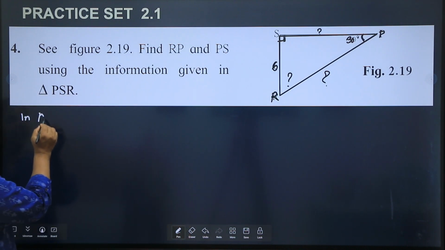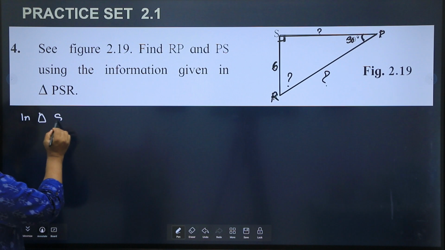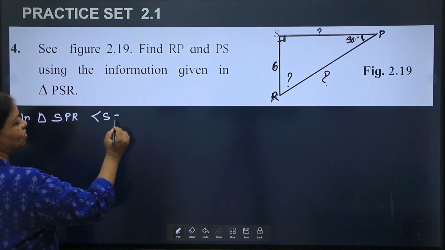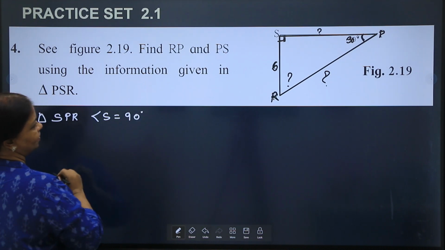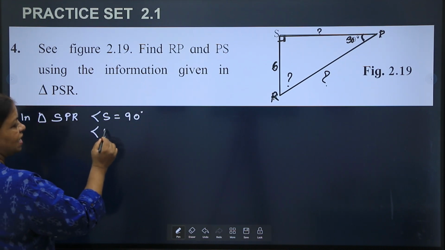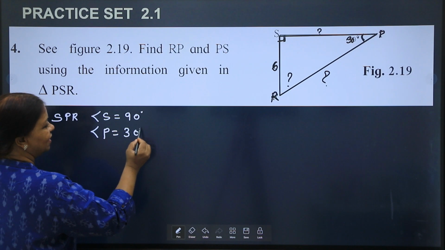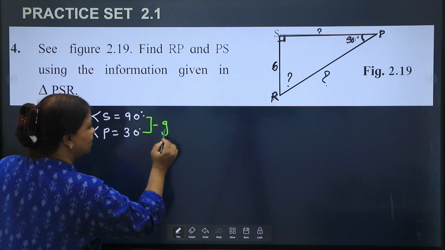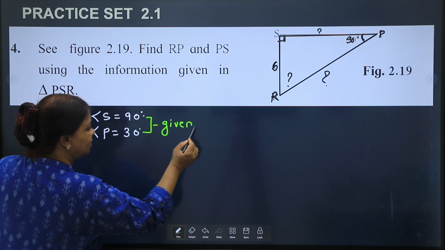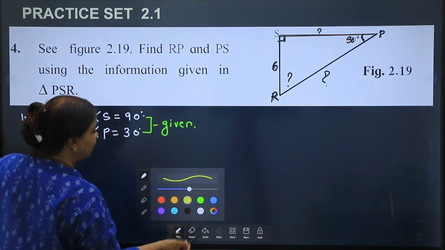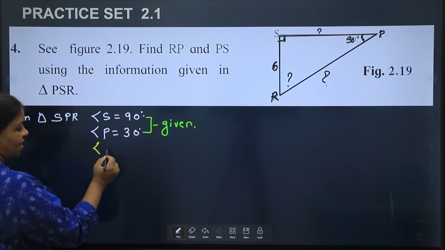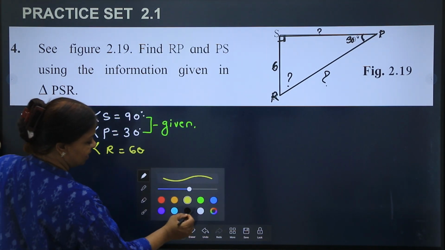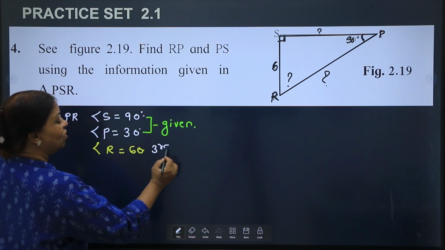In triangle SPR, angle S is equal to 90 degree, angle P is equal to 30 degree, and the reason for this is given. These both are given, and therefore angle R will be equal to 60 degree, and reason for this is third angle of triangle.